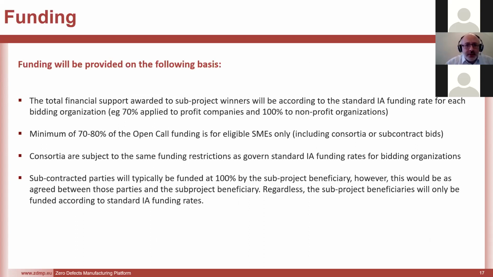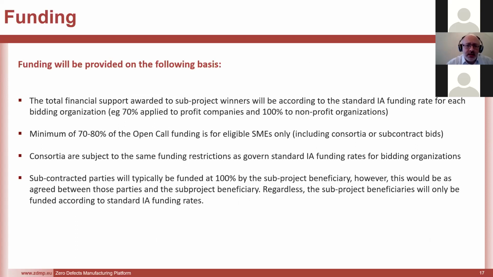The total financial support awarded to sub-project winners will be 70% if you are a for-profit company or 100% if you are non-profit. A minimum of 70–80% of the open call funding will go to SMEs only.